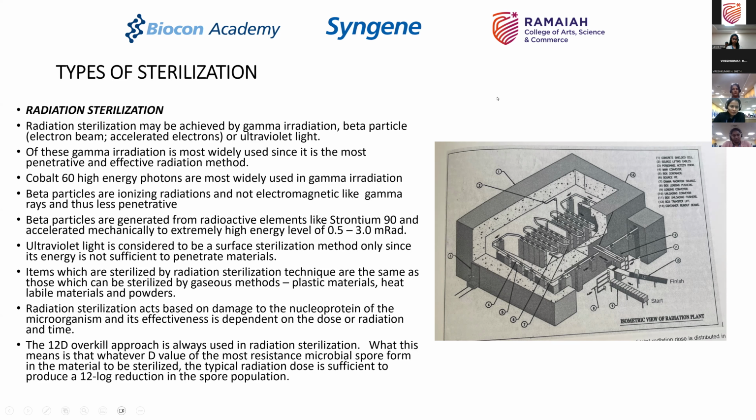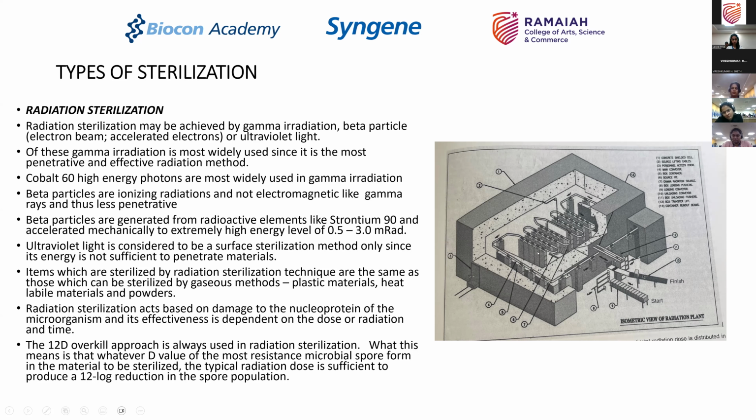What you see on the right hand side is a typical equipment in which this radiation is carried out. There is a conveyor belt on which the material is fed into the system. It enters into a conveyor system and goes through various twists and turns, where in between these two sections the gamma radiation is done.